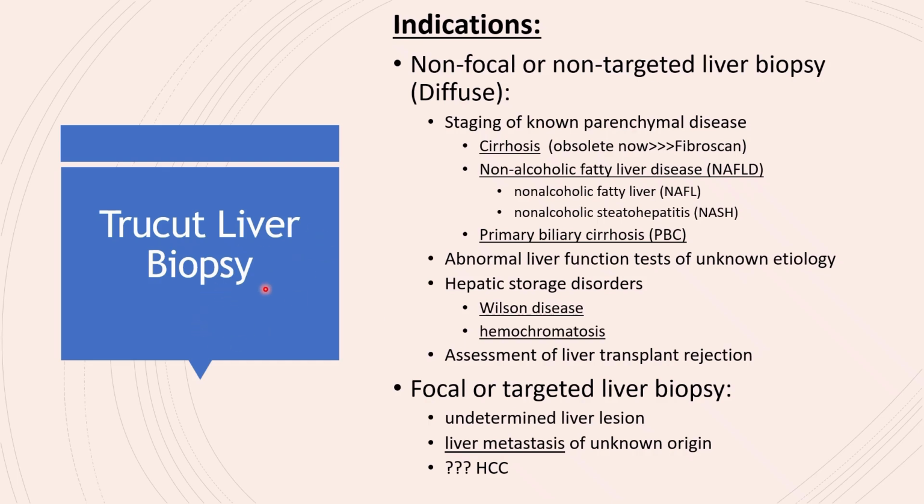Usually they are focal or targeted for the focal lesions, otherwise they can be non-targeted or diffuse. In cases of staging the cirrhosis, diffuse parenchymal disease, and we need to know the reason or the etiology of this diffuse liver disease.